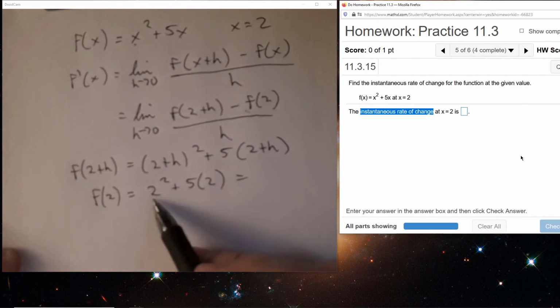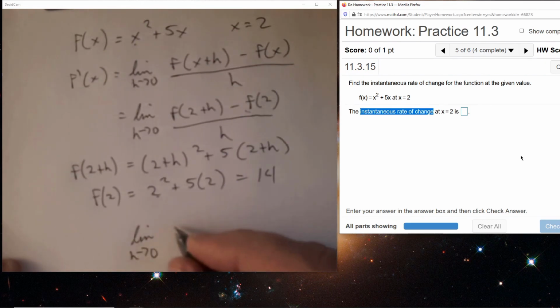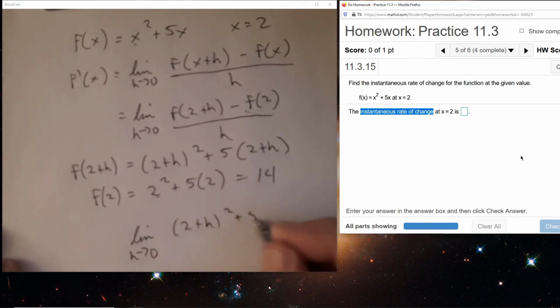And in this case, we have 4 plus 10. And now we'll plug this information into the limit, and subtracting off f of 2, which is 14, all divided by h.